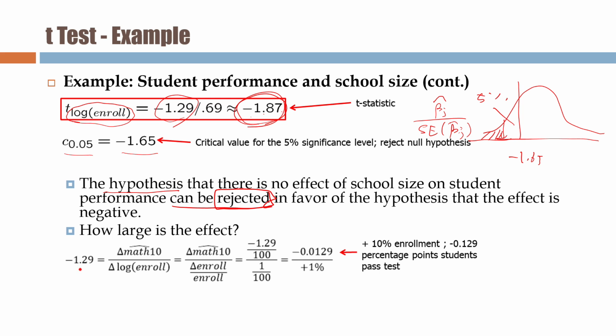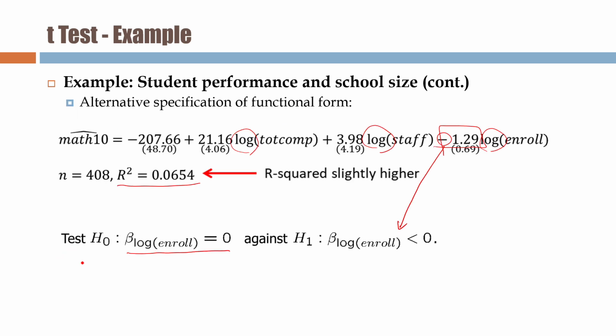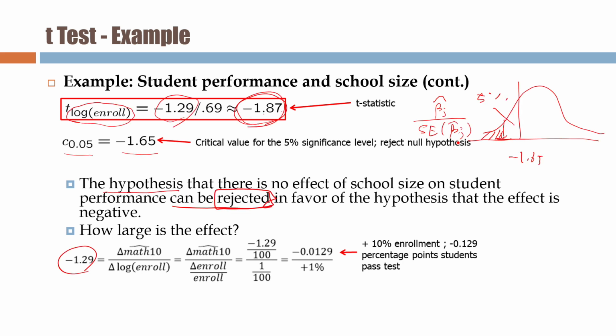So same meaning. So what is a minus 1.29? Minus 1.29 is this minus 1.29, right? So that's how much the log enrollment changes when the math percentage increases by 1.